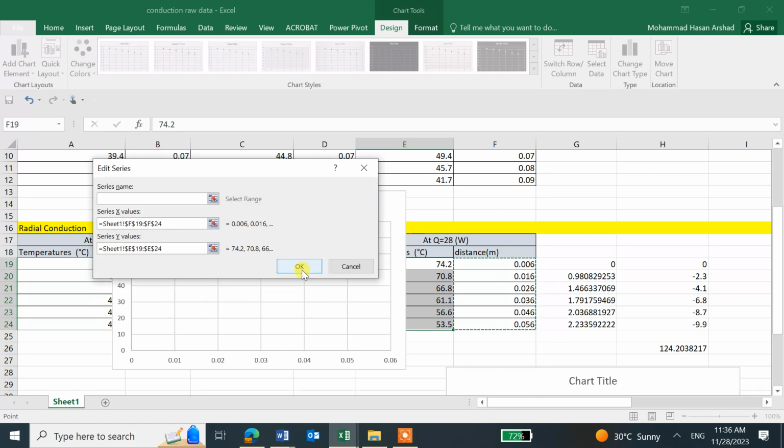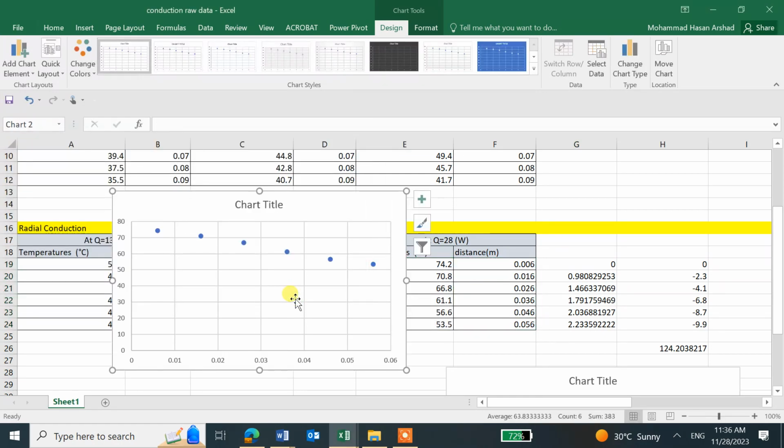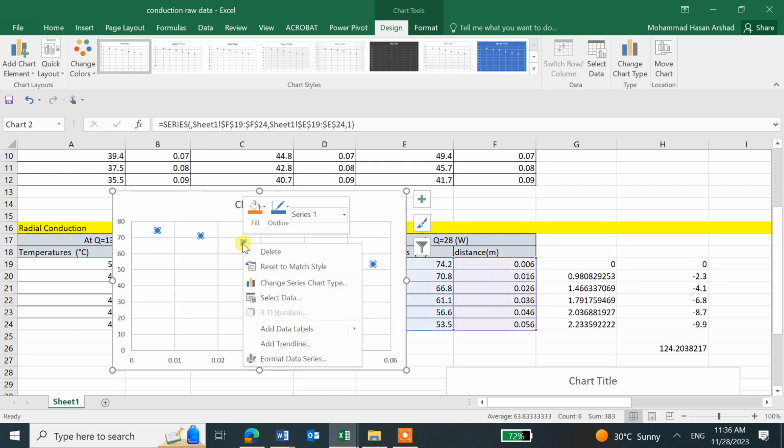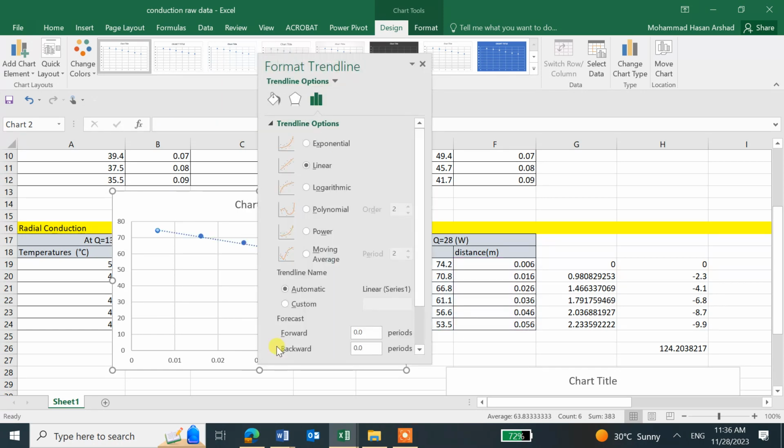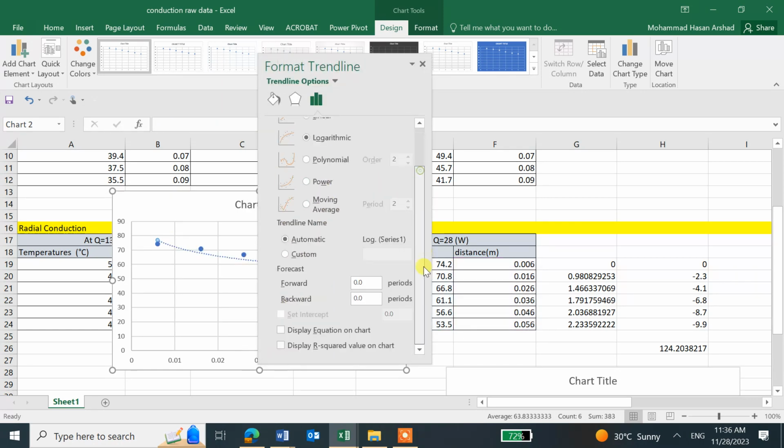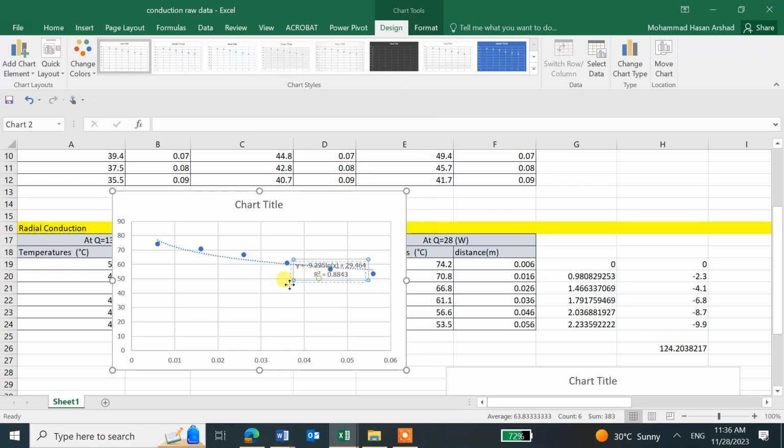You can see it is something like this. From the equation we see that the profile is logarithmic. So this is the profile we have.